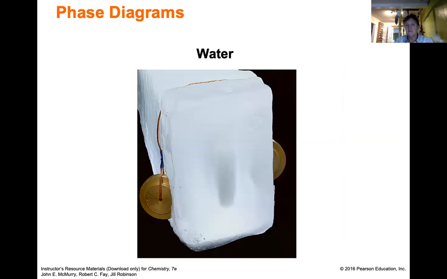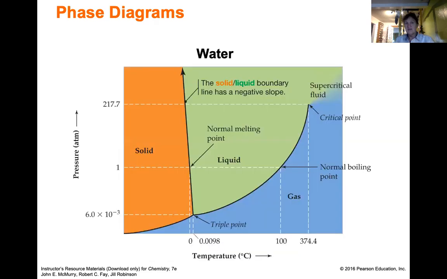This is an example. If you go back here, water is unique, and because that line is sloped a little bit to the left, if you have a solid and you increase the pressure, so you're at some point and you go straight up in pressure, you're going to force whatever it is, in this case water, to melt if that solid-liquid line is sloped to the left.